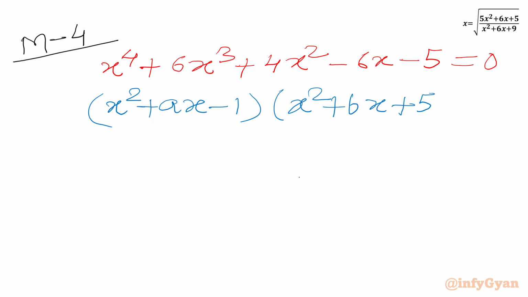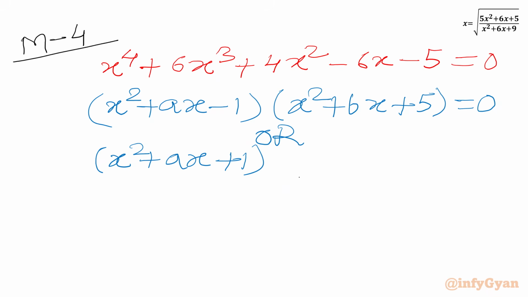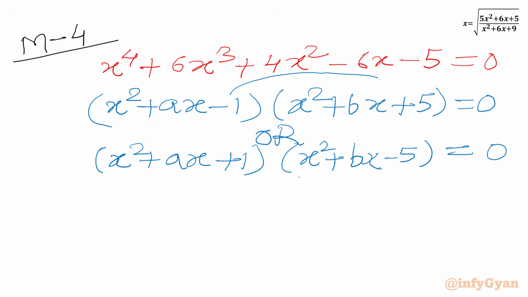Minus 1 times 5 will be minus 5. Or we can consider (x square plus ax plus 1) here, and in other bracket (x square plus bx minus 5) equal to 0. Product of these two numbers will be equal to negative 5 for both the cases.